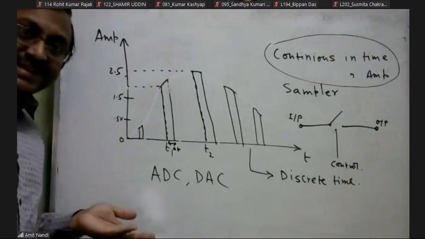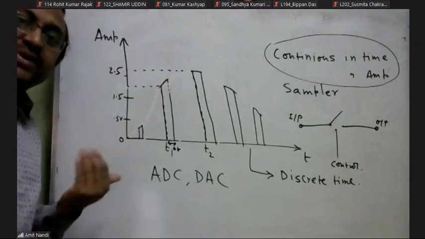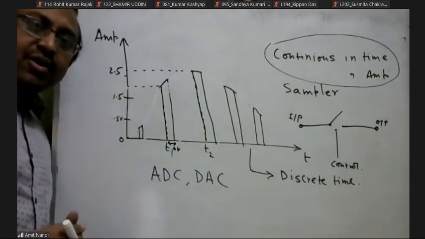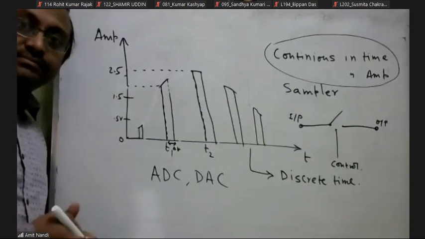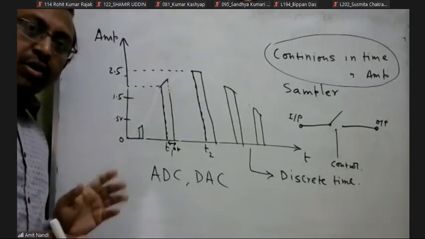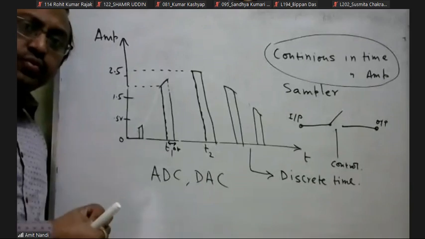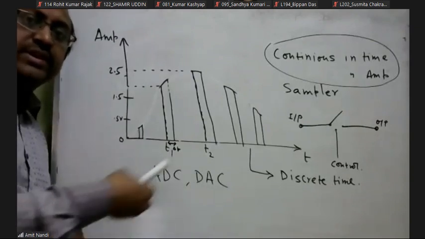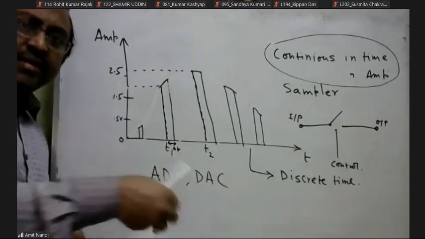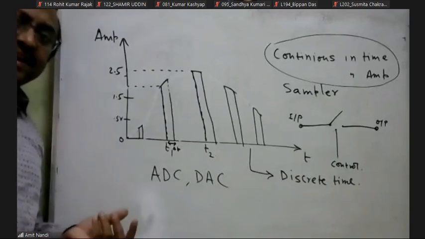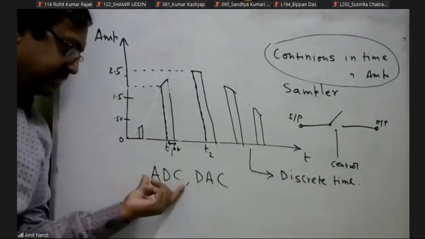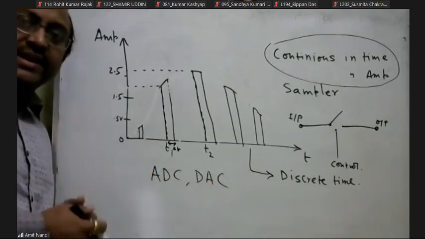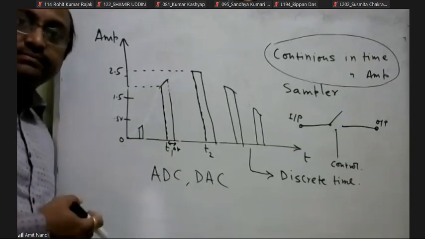But in a flash type converter we use the operational amplifier as a comparator, and in a DAC we use it as an amplifier. So the operational amplifier can be used in two different ways, sometimes as a comparator and sometimes as an amplifier. So basically, the circuit name is analog to digital converter or digital to analog converter, and in this circuit we have used some electronic components.